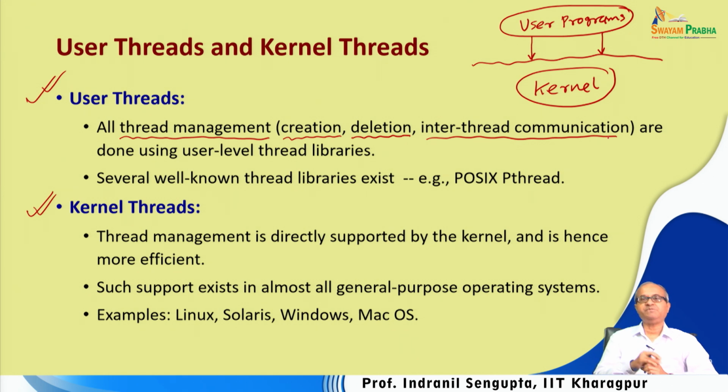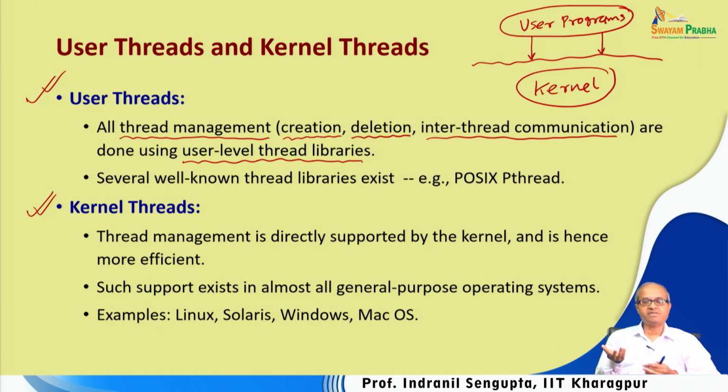Now, this management is carried out using user level thread libraries. Means, as a user you are writing a program, and some library functions are provided to you. You can directly call those functions. You can create a thread, you can delete a thread and so on, so that you can write your own application that involves one or more threads.